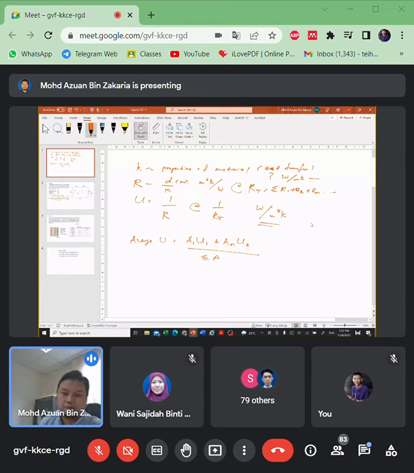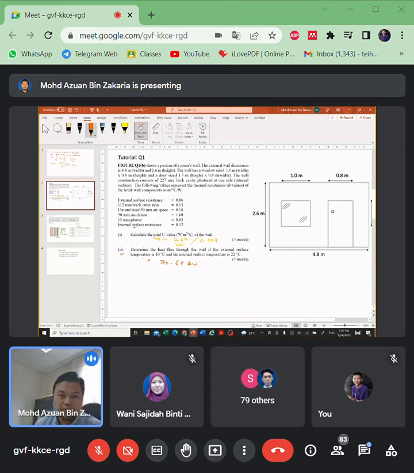This is what we will do today. So the important things are area and U value. Okay, let's look at this question. We have three areas and three materials, so let's calculate first.